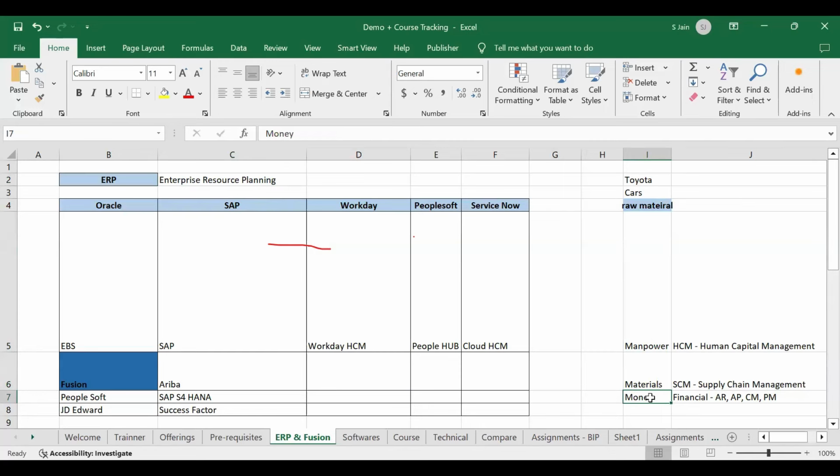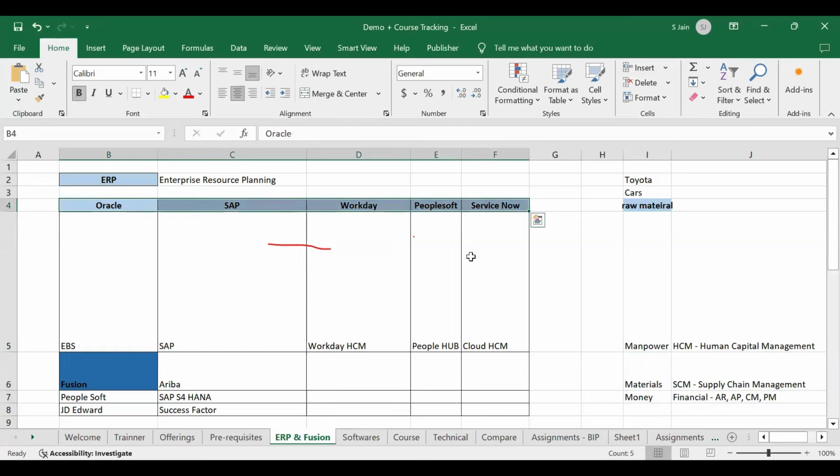Any ERP solution will support you to manage these three aspects, whether you are going to manage the people, the raw material or finished product, or the money, receiving money, debiting, crediting, all these matters. These are different, highly recommended or majorly used ERP tools available in the market.